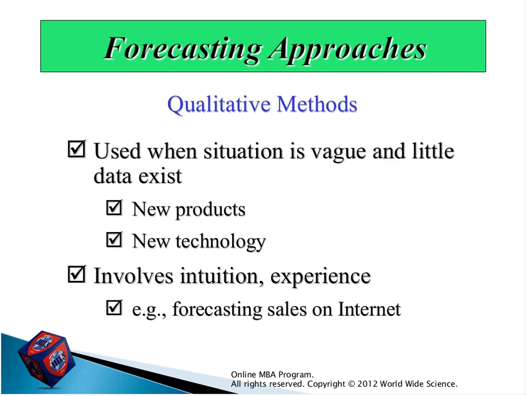Imagine Apple faced this problem, because for the first time they wanted to send the iPad to market. That was a new technology. So this method involves intuition and experience.